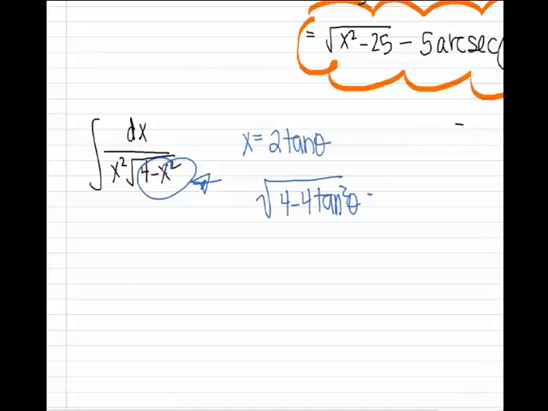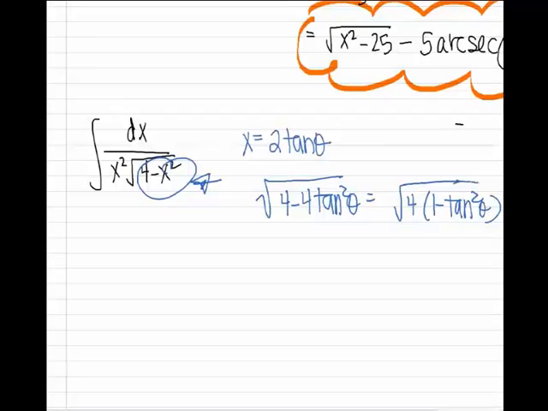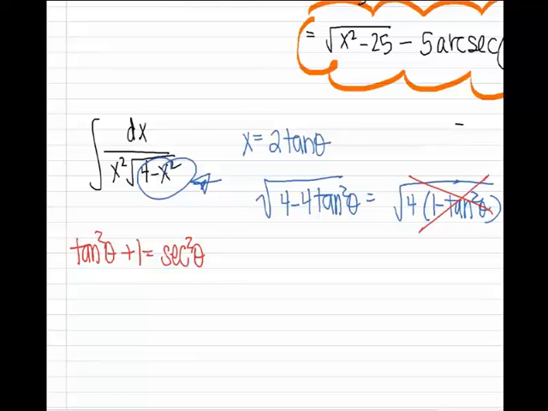So we factor out the 4, and we have 1 minus tangent squared theta. Well, we don't have a Pythagorean identity involving 1 minus tangent squared theta, because our identities are tangent squared plus 1 equals secant squared. So this isn't even possible. You're going to get stuck at a point where you can't continue.